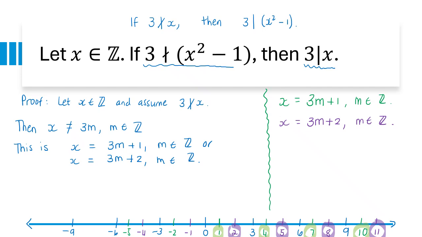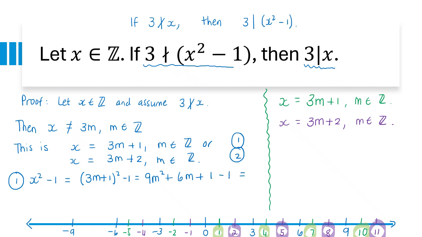So let's take a look at the first case. If this is the case, let's evaluate x squared minus 1. If we replace x by 3m plus 1, squared, and we expand this, we get 9m squared plus 6m plus 1 minus 1.